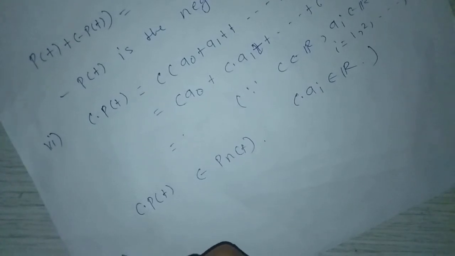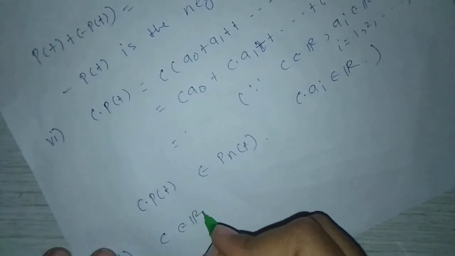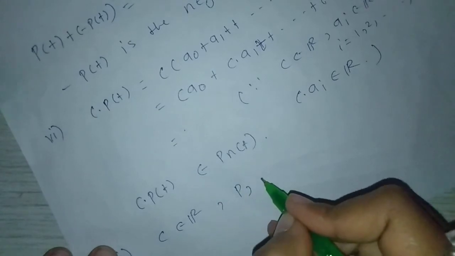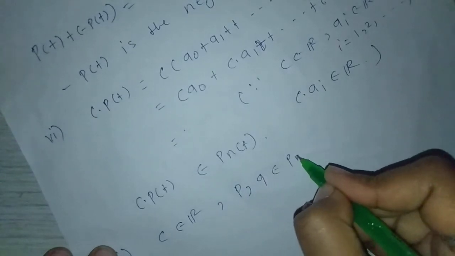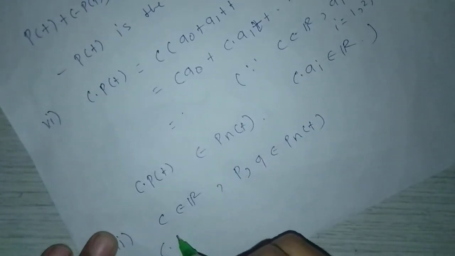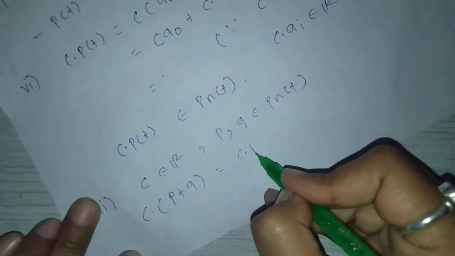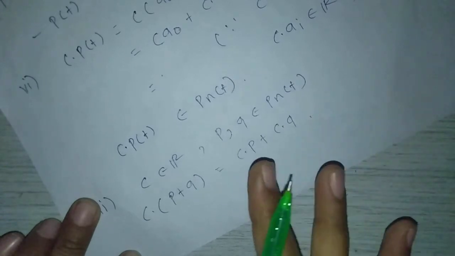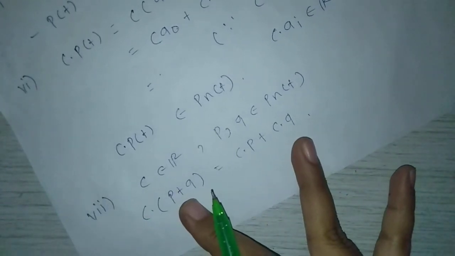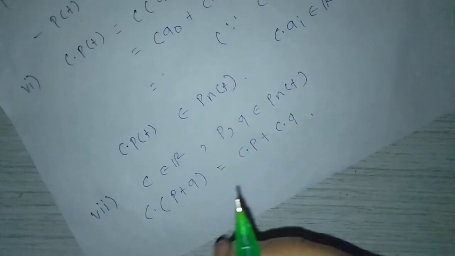Next, C belongs to R, P, Q belong to Pn of t. So C into P plus Q must be equal to C into P plus C into Q. It is easy to show that the distributive law is satisfied in Pn of t.